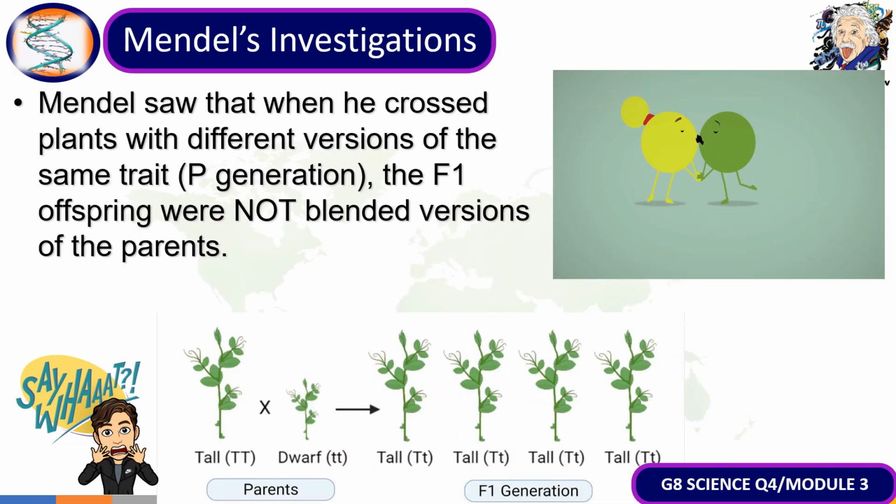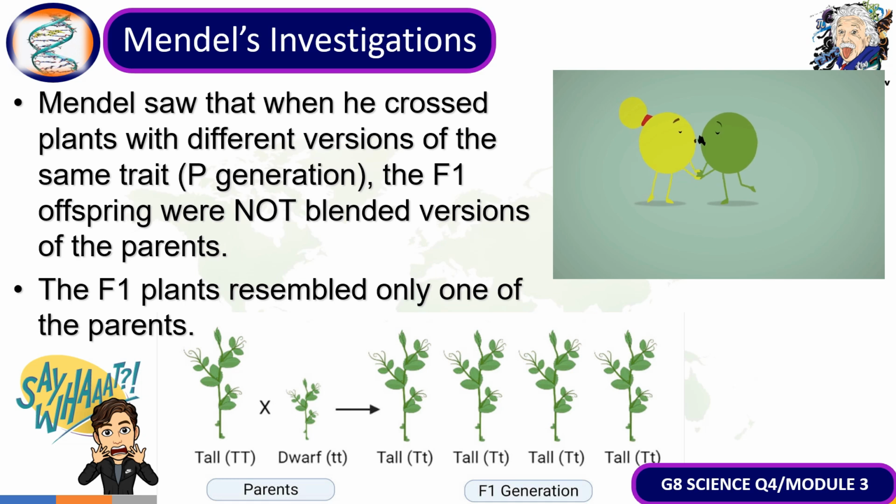During his experiment, Mendel found out that when he crossed plants with different versions of the same trait, or yung P generation, yung F1 generation were not blended versions of the parents as what had been previously accepted. So, yung F1 plants resembled only one of the parents.